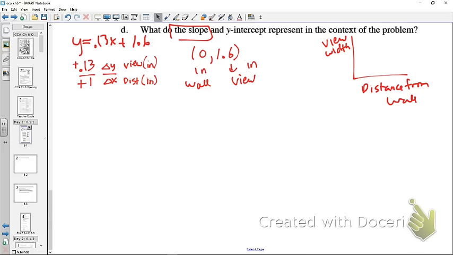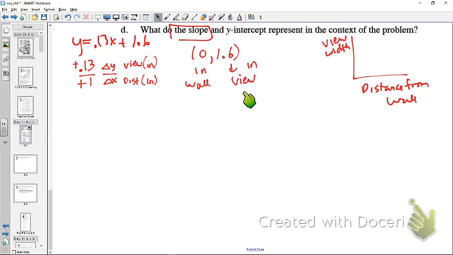That's possible because a circle has a diameter, so that 1.6 is the diameter. Interpreting the y-intercept just means that if I'm 0 inches away from the wall, you can see 1.6 inches of the wall.